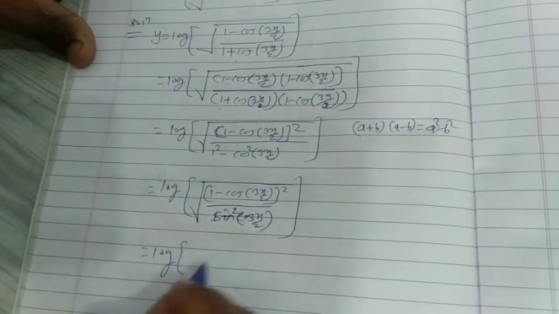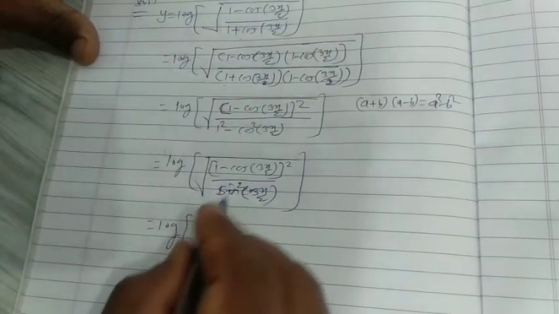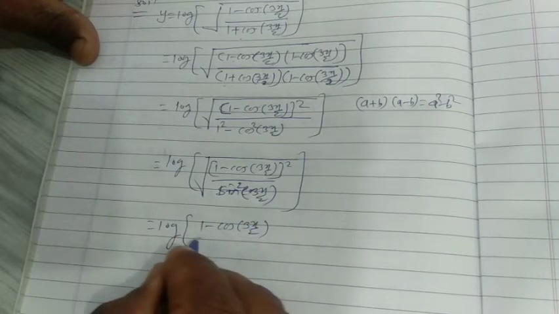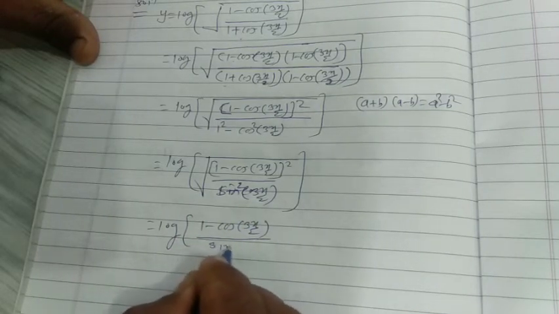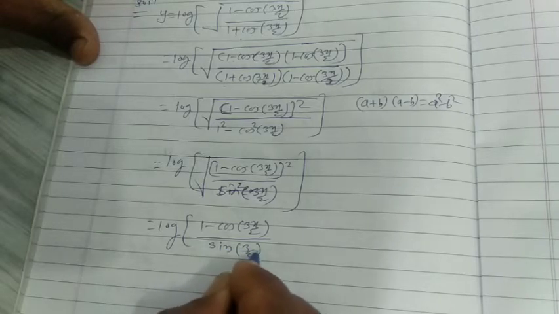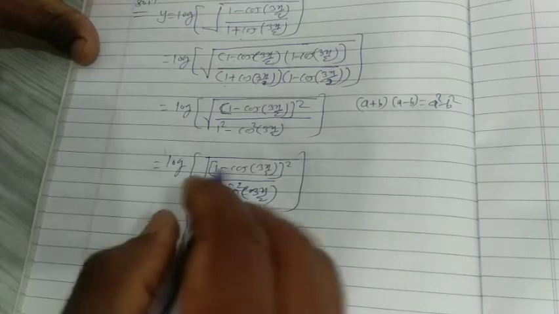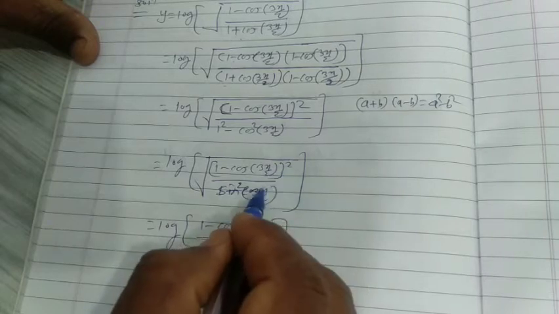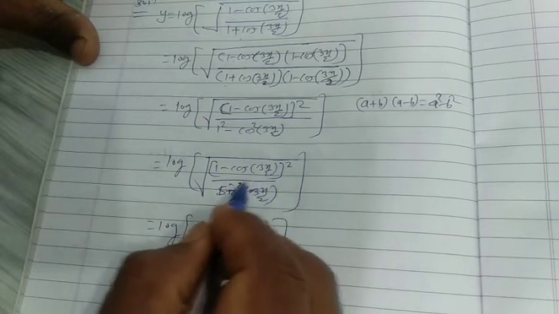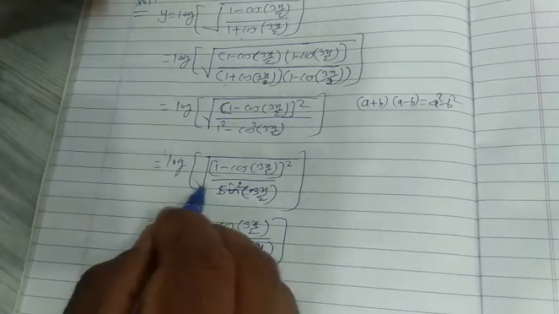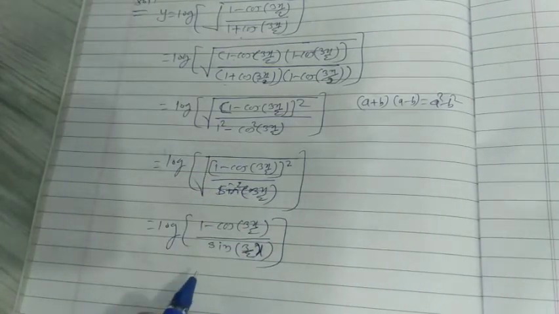That means log of, at the numerator 1 minus cos 3x by 2, at the denominator sine 3x by 2. Here we ignore this root function. Why? Both the power of the denominator as well as the numerator is square, and the total power is 1/2. That means the square root function is ignored.